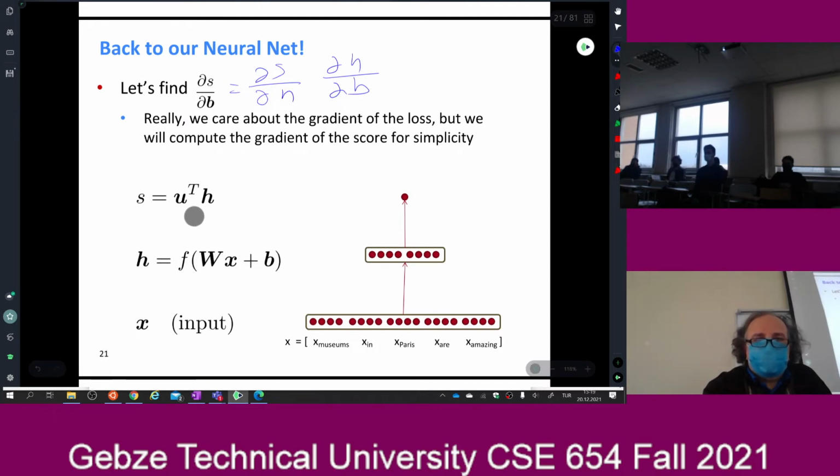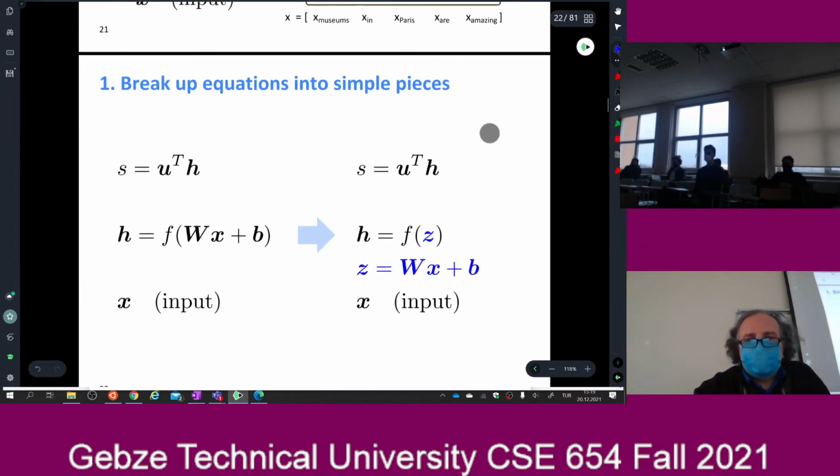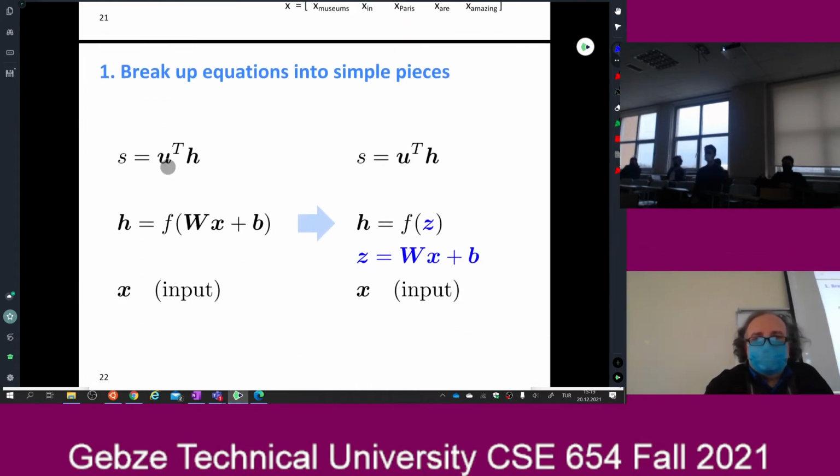So that will be U, because U transpose is going to be U again. But this one is going to be tricky. We are going to look at it in a few minutes.